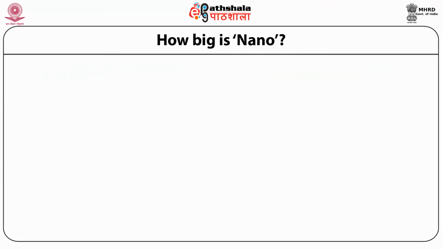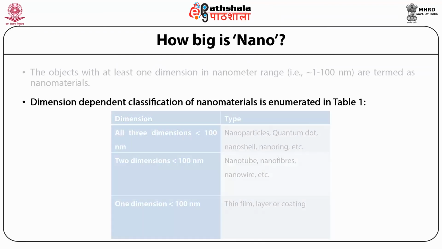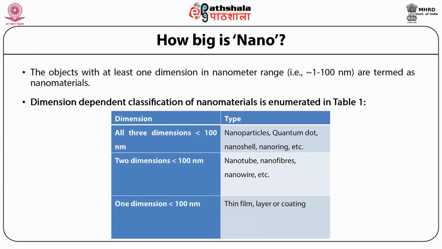Now, we can classify the nanomaterials according to their dimension. The objects with at least one dimension in the nanometer range, that is 1 to 100 nanometer, are termed as nanomaterials. So they have been tabulated over here.